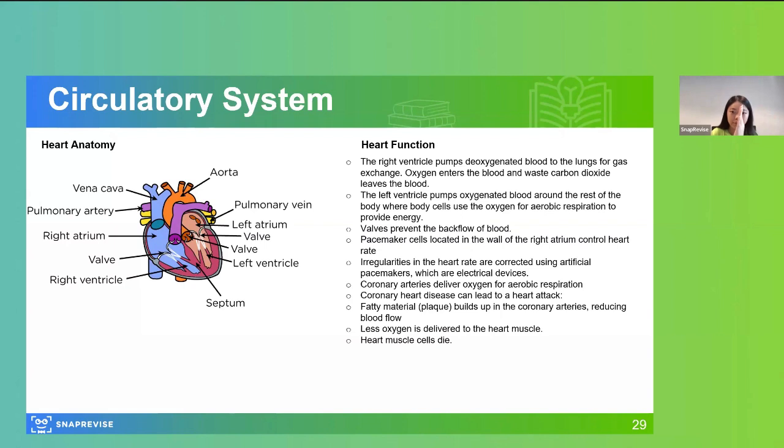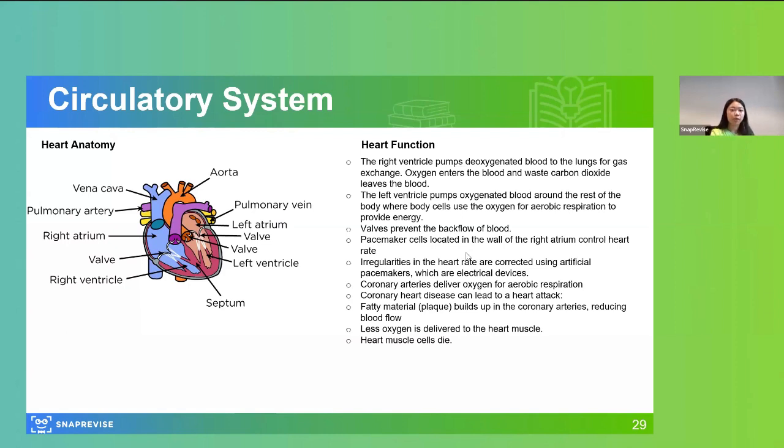It's like a wall that separates the two ventricles, separating the chambers of the heart. That's all you need to know about the septum. This depends on which exam board. Some exam boards don't even mention the septum.